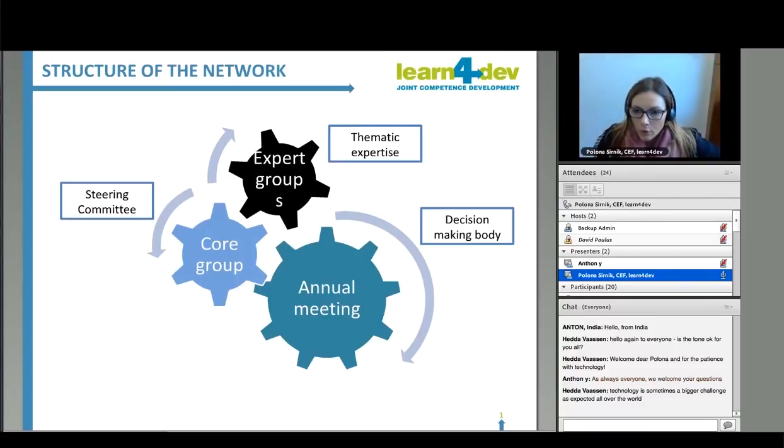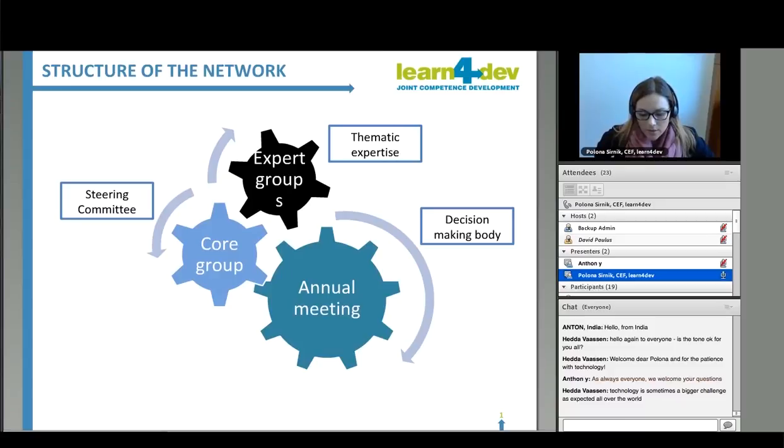So the core of the network are its expert groups. Expert groups work on different thematic areas. We will touch on that a little bit later. Then all the active members gather annually at the meeting. This year, the meeting will be held in Rome from June 16 to 18.